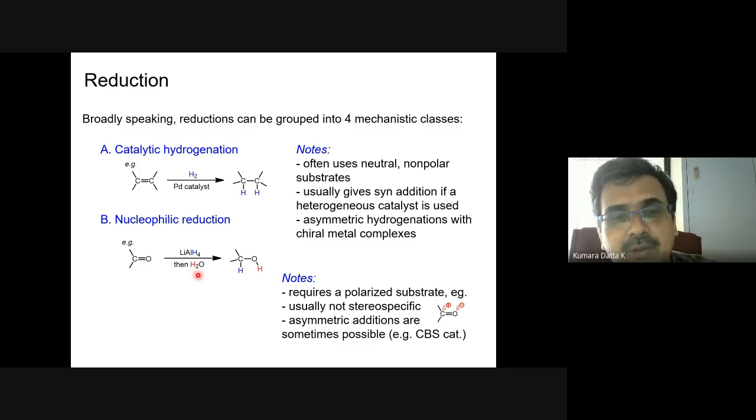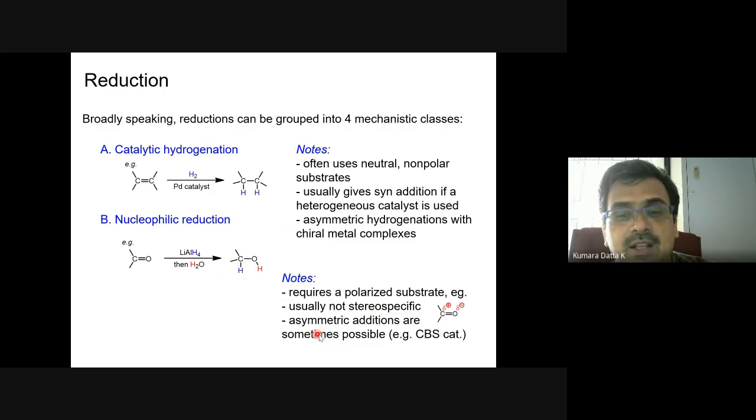Many of you might be aware of sodium borohydride and lithium aluminum hydride. When we use them, the reactions need not be stereospecific, like syn addition and so on.